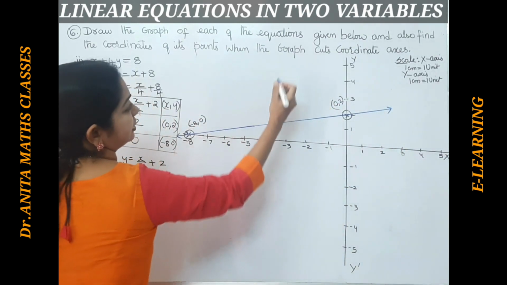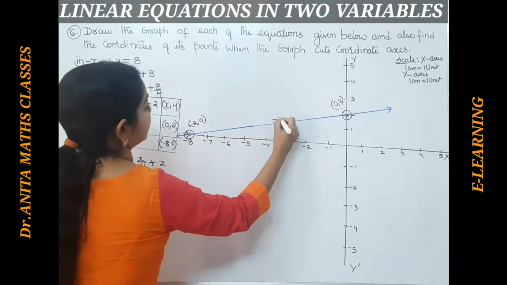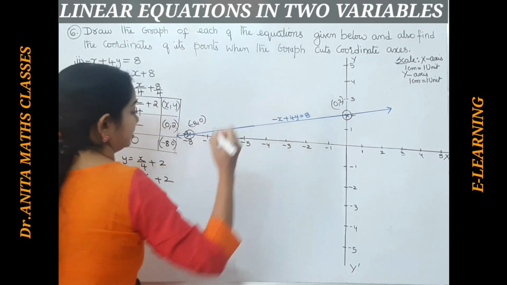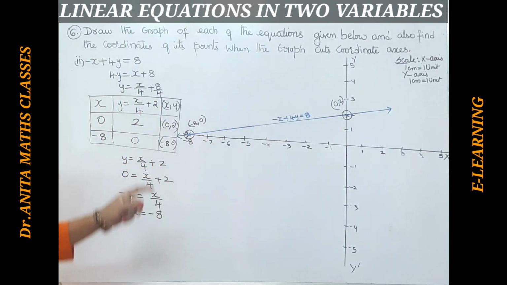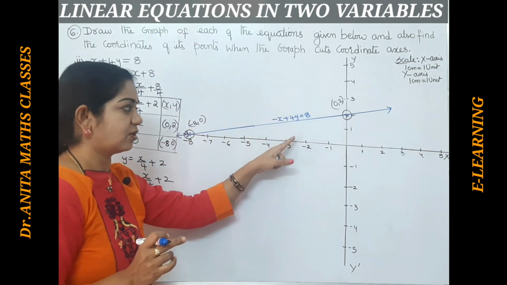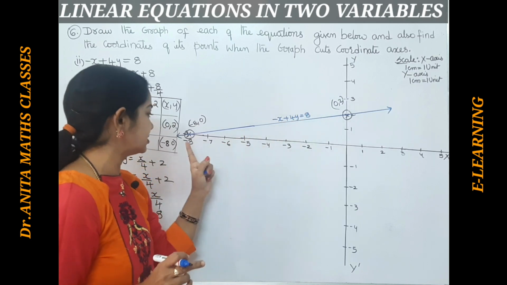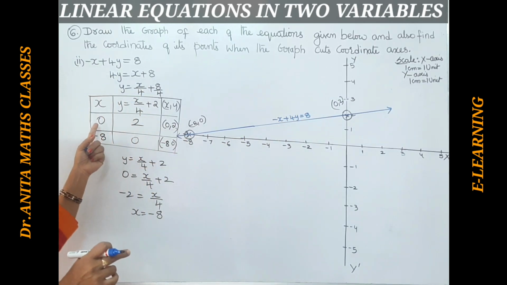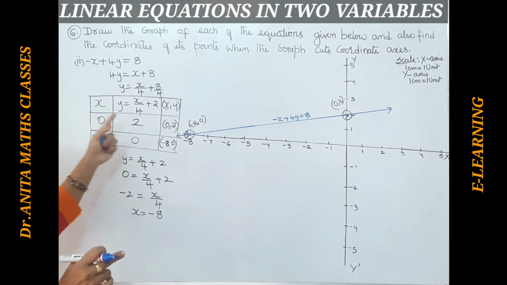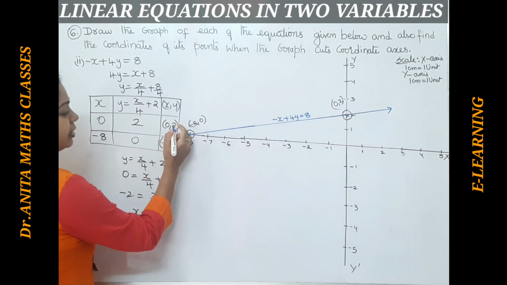So this graph is minus x plus 4y equals 8. Now we will write this. Here the question is where the graph cuts the coordinate axis. Coordinate axis are the x and y axis. Here we will obviously get the coordinates because we are taking x as 0 and y as 0.